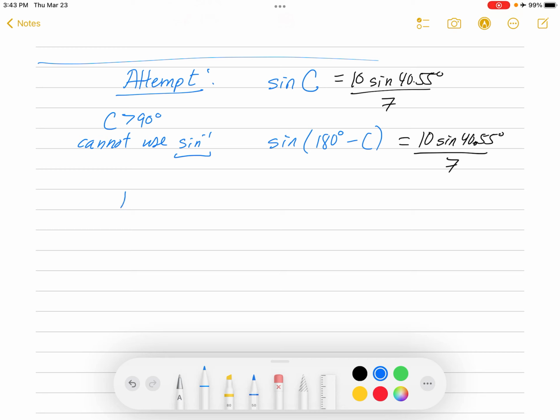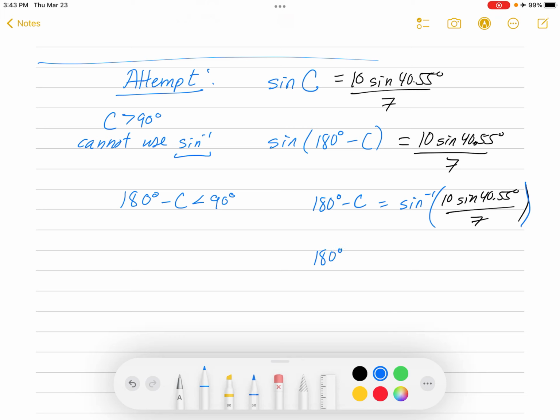Now, if C is bigger than 90, then 180 minus C has to be less than 90, so I can use the inverse sine function. So I can say 180 minus C equals the sine inverse of 10 sine of 40.55 all over 7.